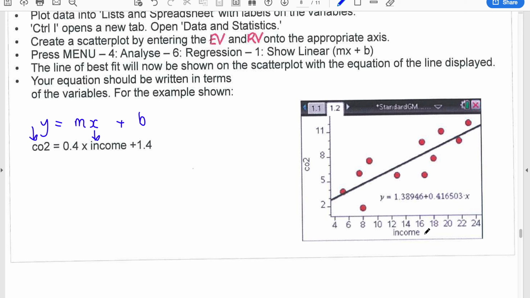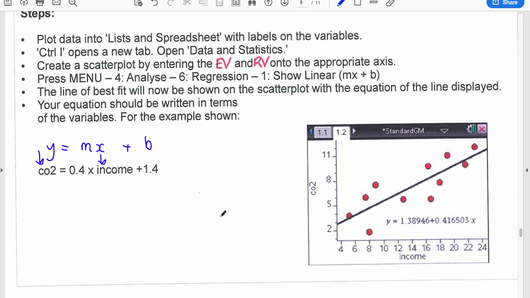You'll also notice as well, this one looks like it's been written the other way around, but look at what's being multiplied by x. It's 0.4 times x, so that's been written first. And then the y-intercept, which is here, is 1.4.